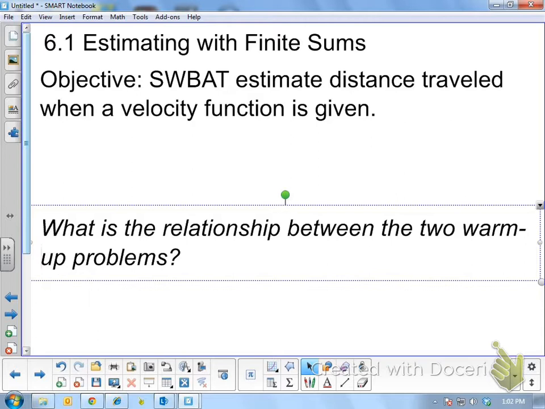So we talked about this question a little bit. What is the relationship between the two warm-up problems?